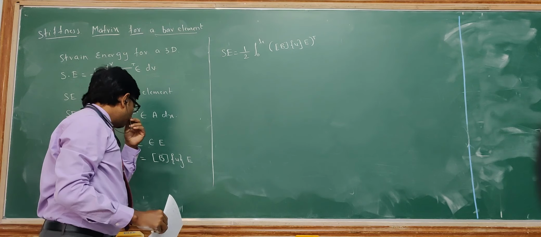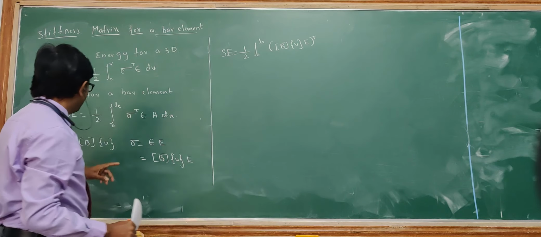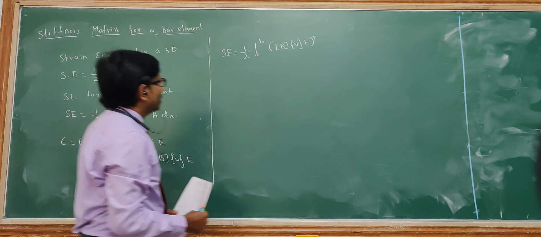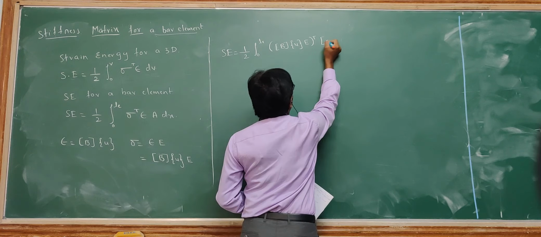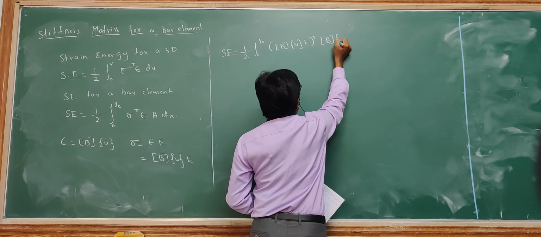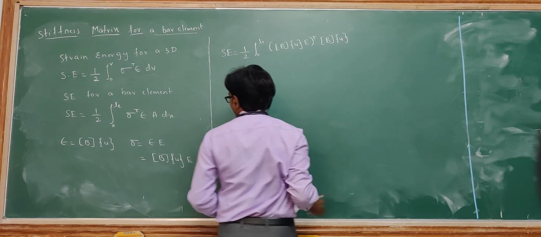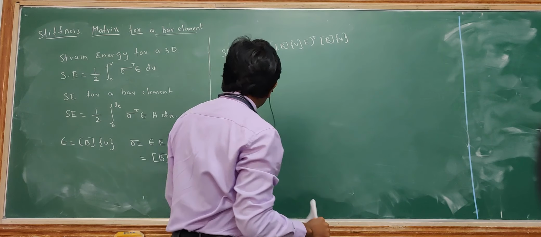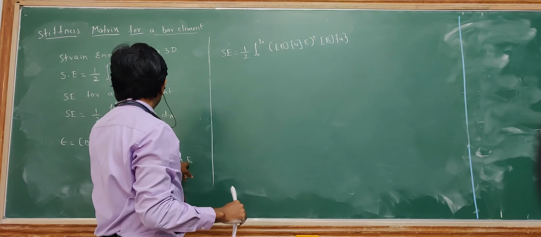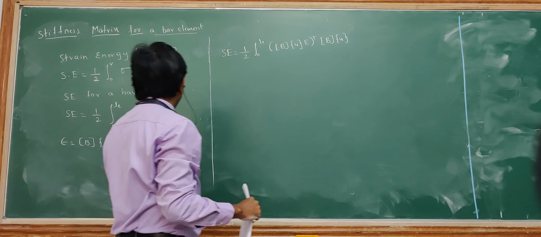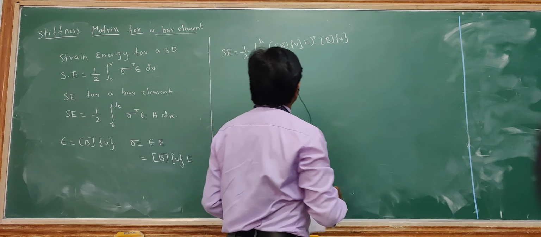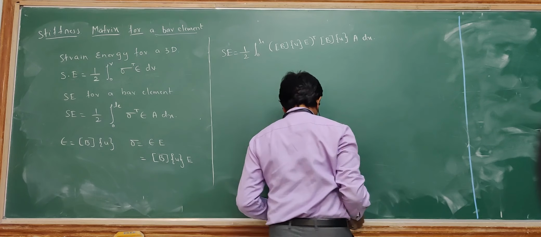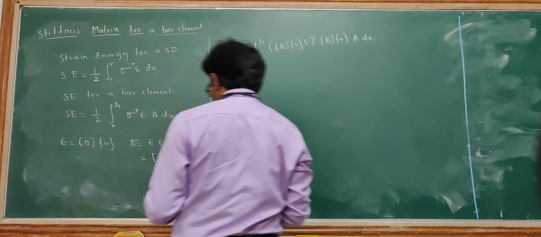Next comes strain, which is written as B into U, and then E. Only what is remaining here is A into dx.